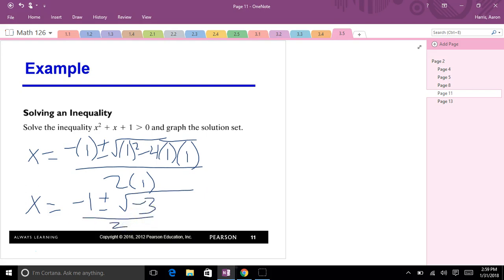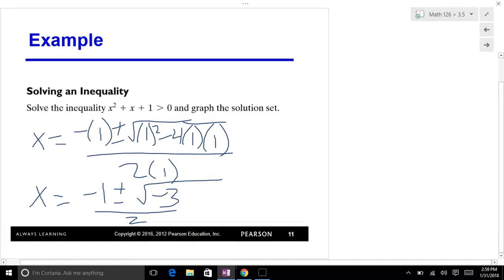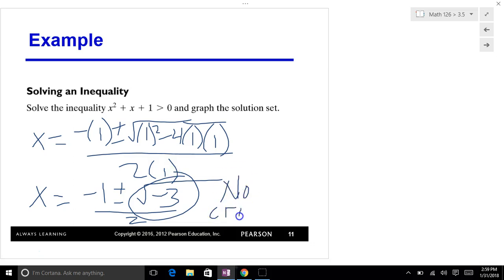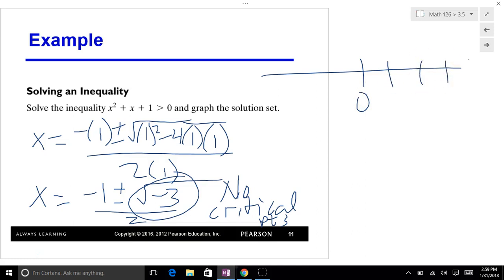We are working in the real numbers, so you notice we've got a square root of negative 3. We've got an imaginary number. So there are no critical points here. So when you're graphing, there are no critical points, so you just pick anything.